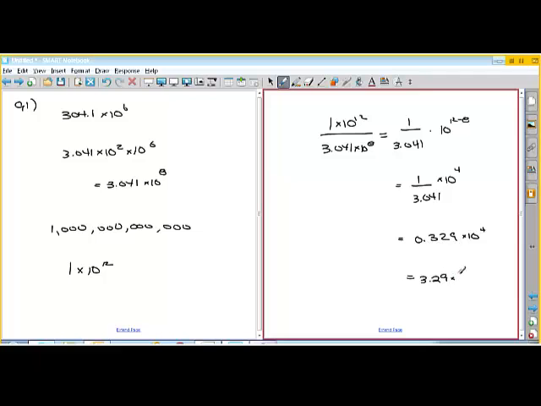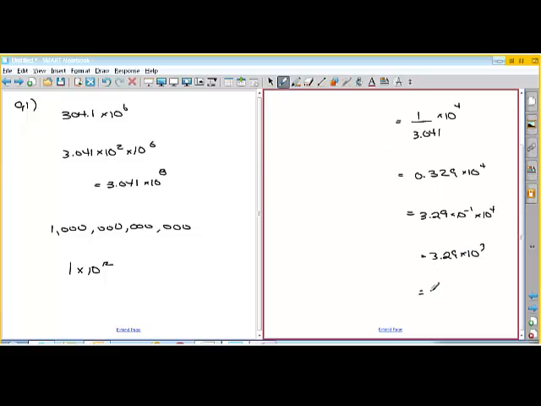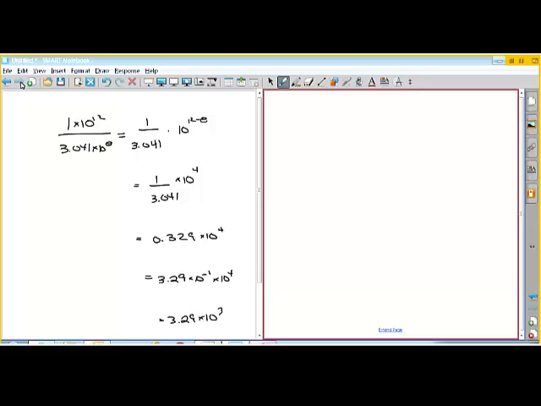And I have to move one place to the left, so it's going to be 10 to the minus 1 power. And then I multiply it by the second term. So when you add these exponents together, you will end up getting 3.29 times 10 to the third, which is $3,290 per person. Have to contribute.